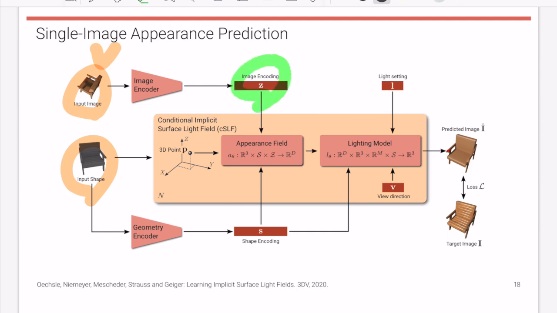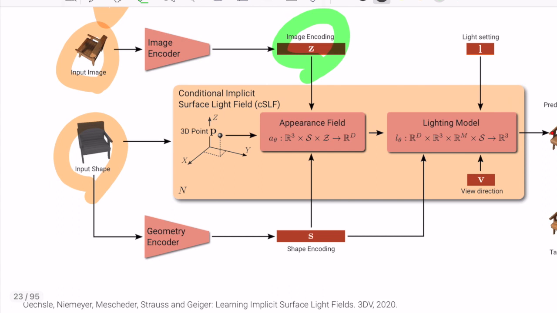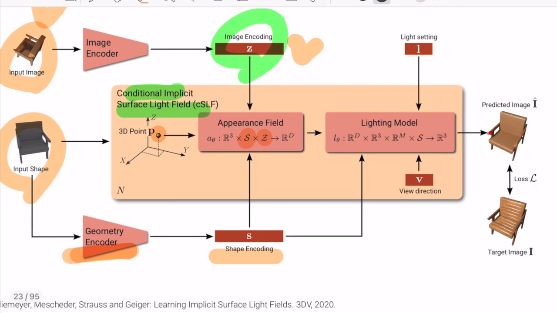Let's say this is the input image encoding G. Then in the conditional implicit surface light field, we design a neural network or function that takes this image embedding G, the shape encoding from the geometry encoder S, and the 3D point that we want to know the appearance value of.